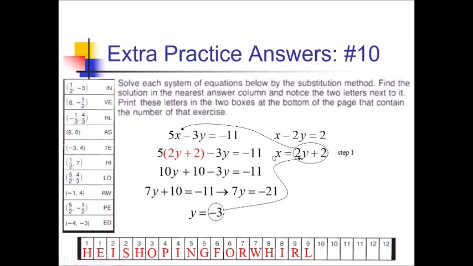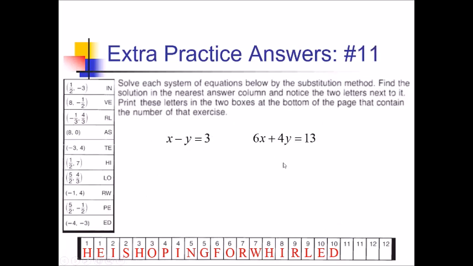So I've got x equals 2 times negative 3 minus 2. 2 times negative 3 is negative 6, and negative 6 plus 2 is negative 4 for my x value. So then that gives me the point negative 4 comma negative 3. Looking at my answers up here, I've got a negative 4 and a negative 3 in this last one here, the ED. So in spot 10, I will put E and D.